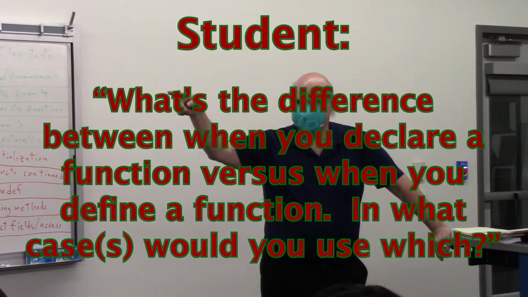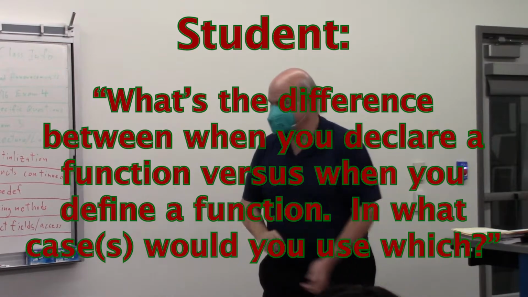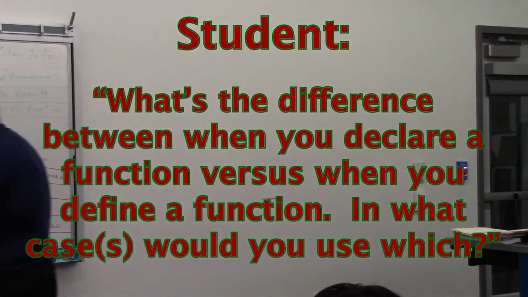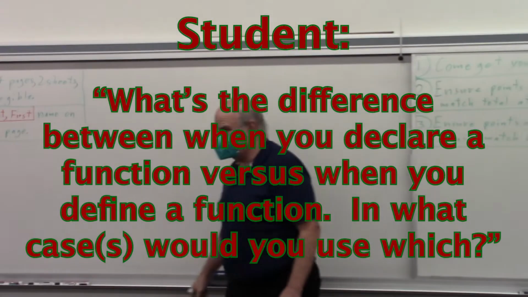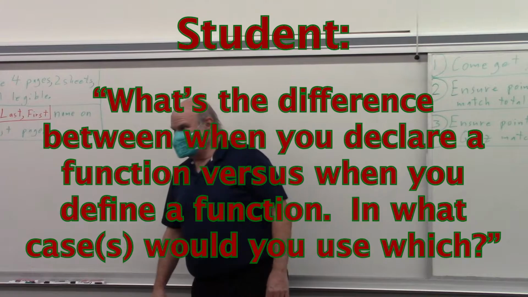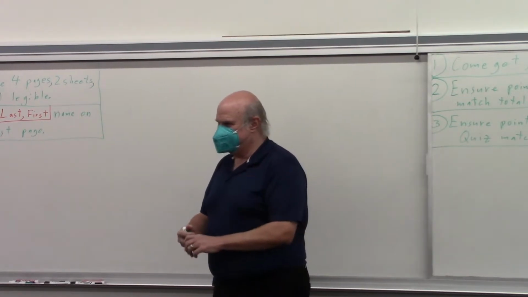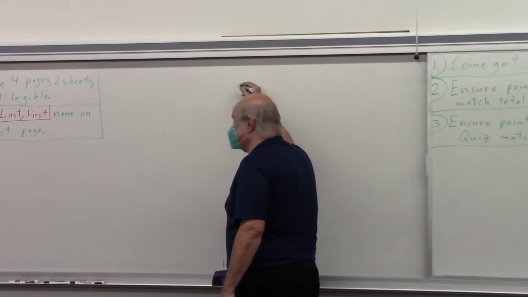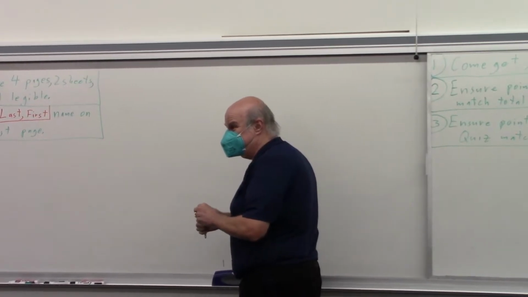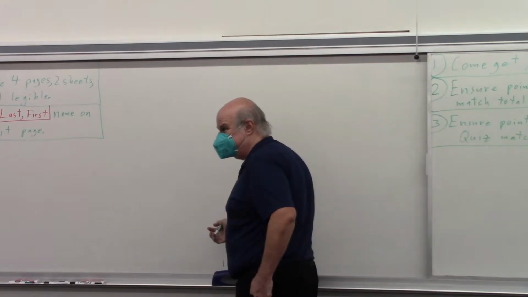Question? Yeah. What's the difference between when you declare a function versus when you define a function? In what case would you use which? So declare, in all cases, typically means you have the name that you've given it, be it a variable or be it a function.